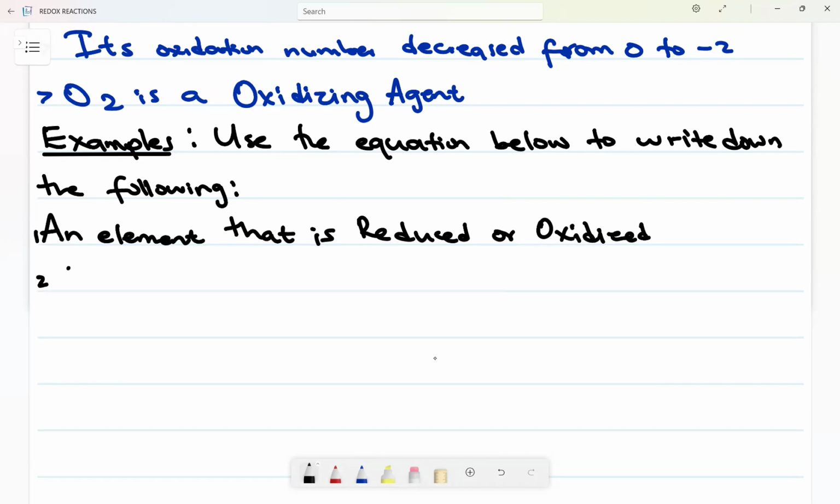Number two, oxidizing and reducing agent.